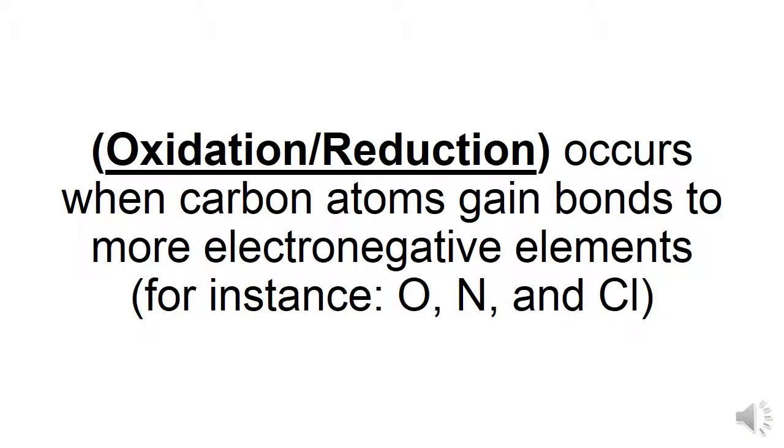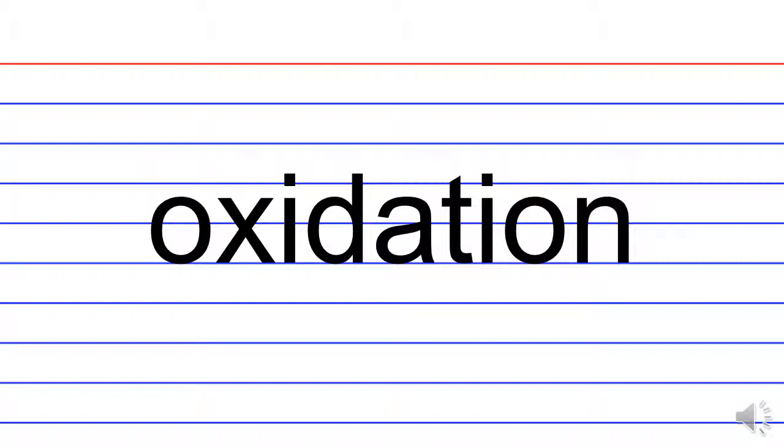Oxidation or reduction occurs when carbon atoms gain bonds to more electronegative elements. For instance, oxygen, nitrogen, and chlorine. Kind of just sort of hinted to this answer. That would be oxidation.